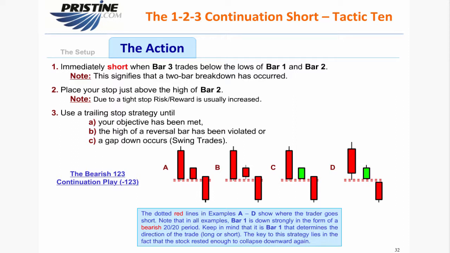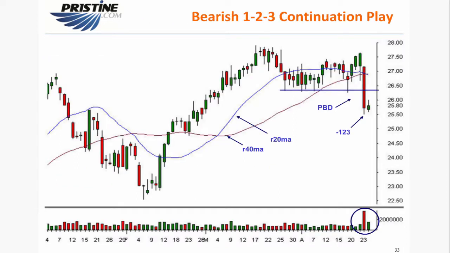All right, so here you've got your bearish 1, 2, 3 continuation setup, breaking down with a wide range bar from a sideways stage 3. You've got the volume coming in as well, inside bar. So what are you looking to do? You're going to look to sell it short under these lows. Your stop will go over the highs.